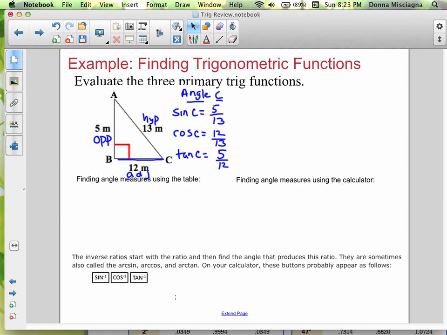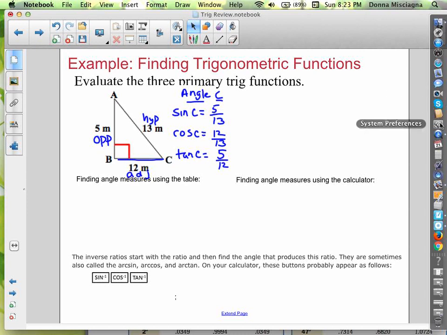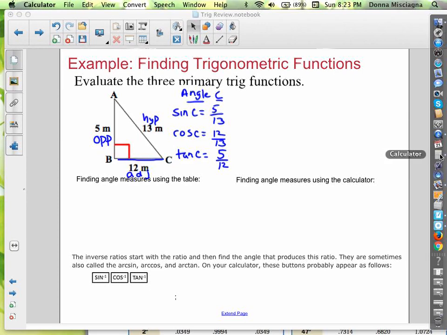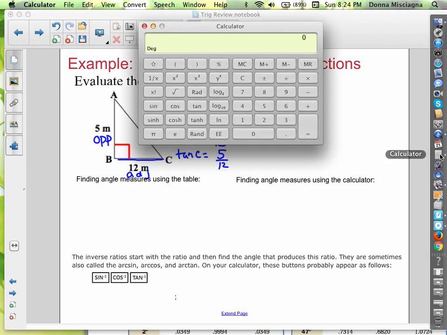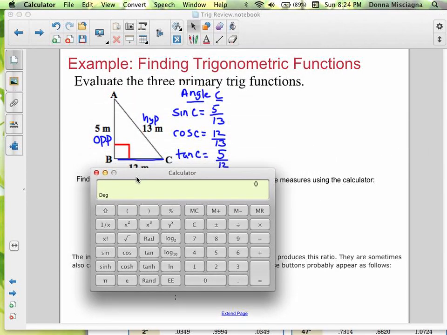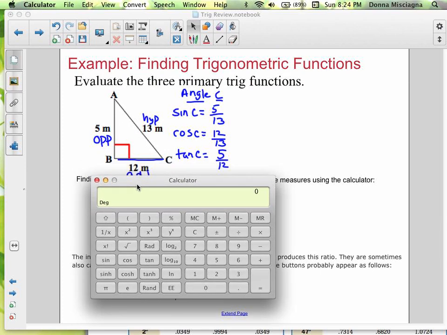All right, so let me grab a calculator. We have 5 divided by 13.